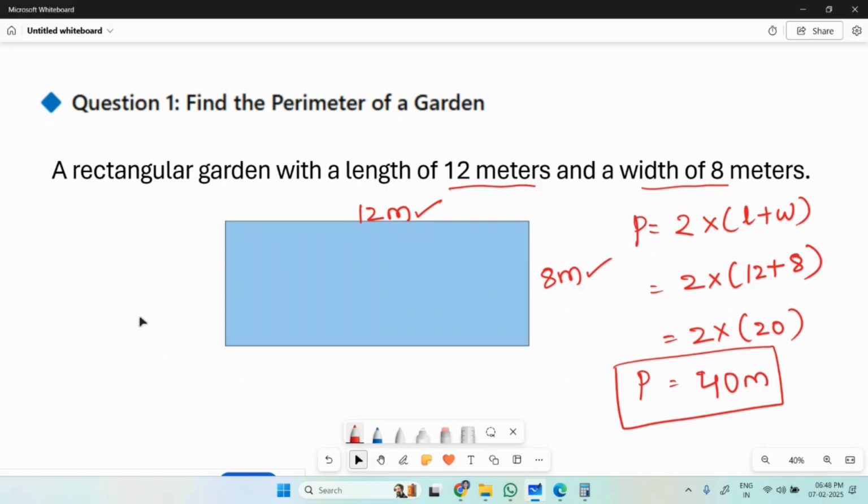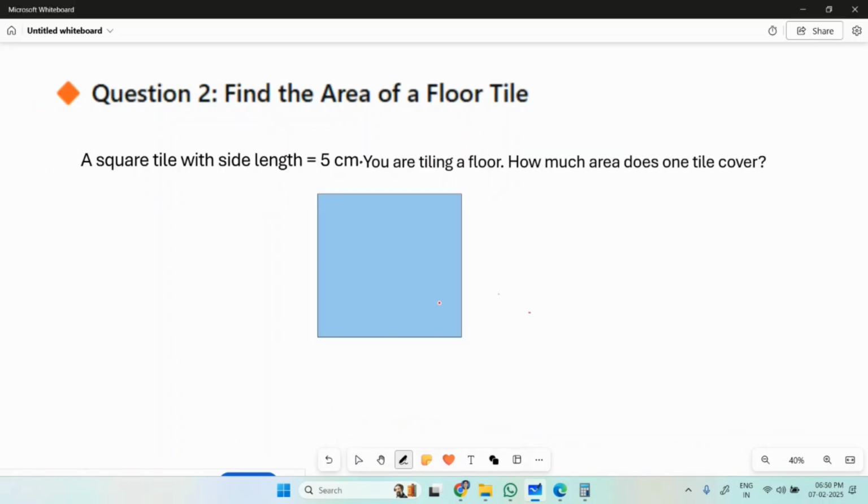Now let's look at the another question. So the question is find the area of a floor tile. A square tile with one side length 5 centimeters and you are tiling a floor. How much area does one tile cover? We know that this is a square tile and square has all sides equal.